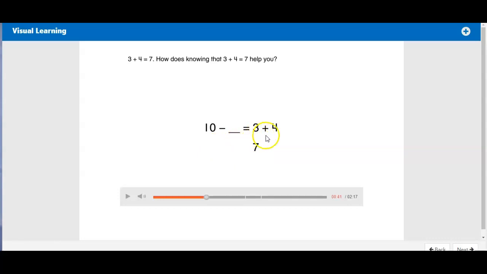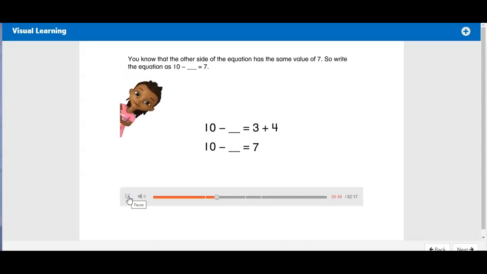We want this side of the equation to also be equal to 7. So write the equation as 10 minus blank equals 7. The equal sign means has the same value as. So you need to subtract something from 10 to get 7.